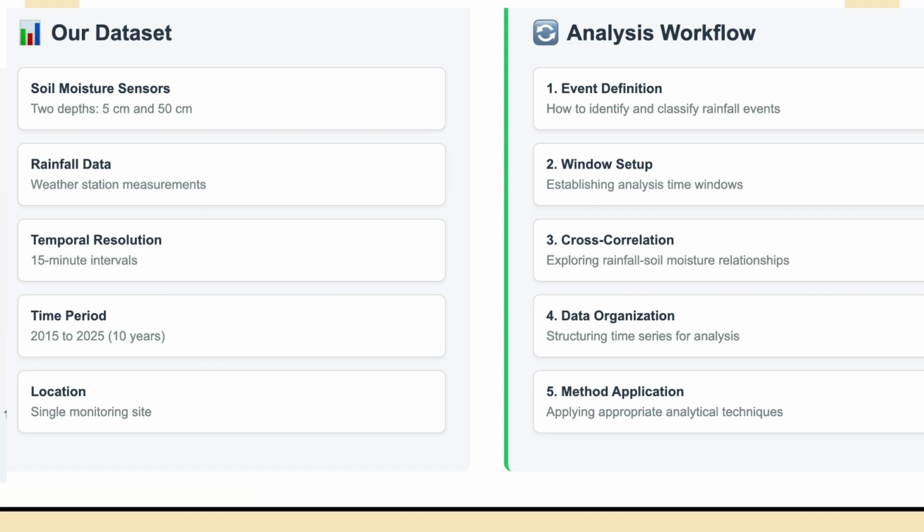In this video, I'm not going to analyze the data or show any results. The idea is just to walk you through the workflow that I would follow if I wanted to calculate soil infiltration rate or explore rainfall soil moisture dynamics.